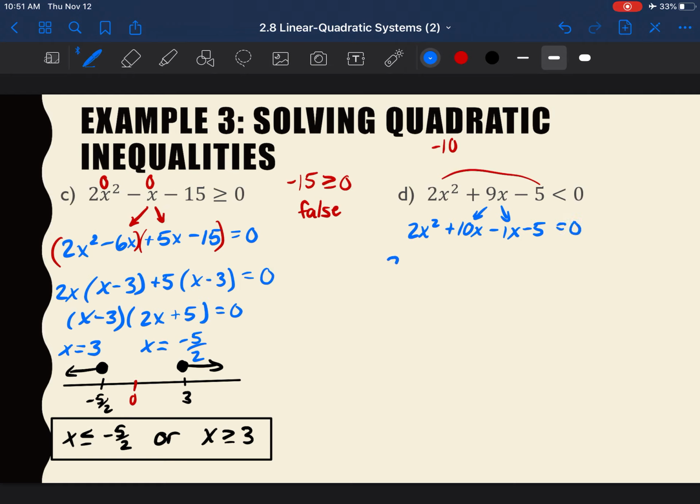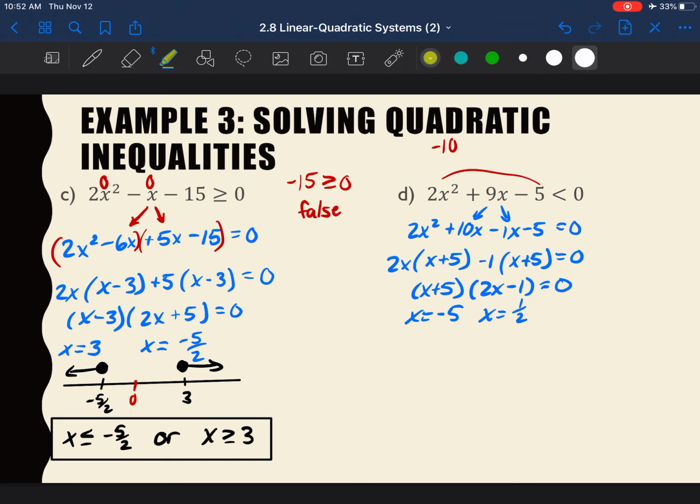On the first one, you can factor out a 2x, divide and you get x plus 5. On the second one, you can divide out a -1, divide and you get x plus 5 equals 0. So I get x plus 5 times 2x minus 1 equals 0. So x is equal to -5 and x is equal to positive 1/2.